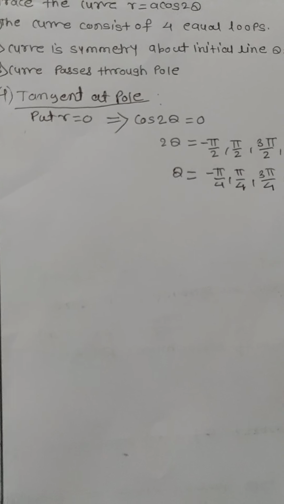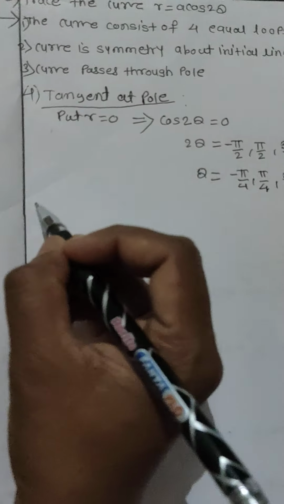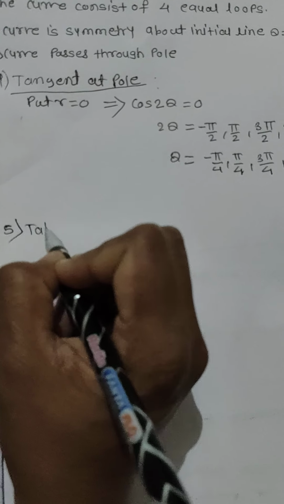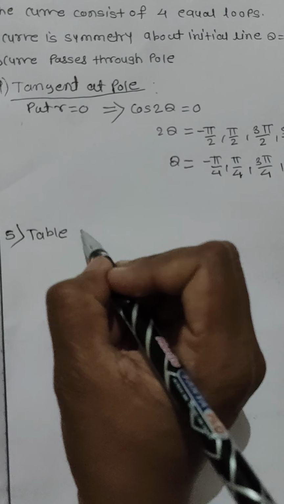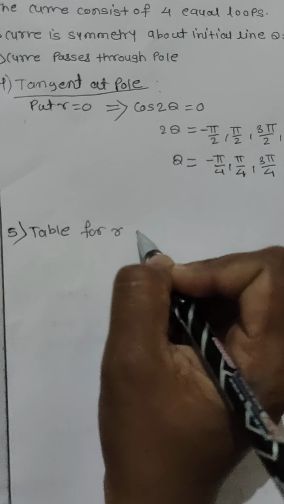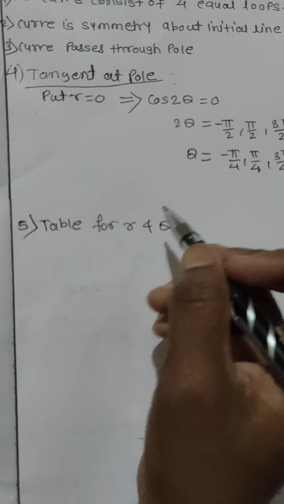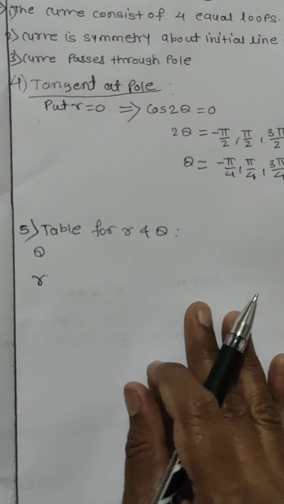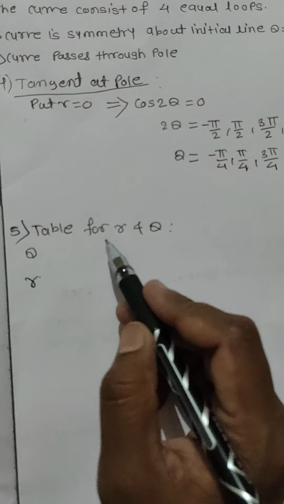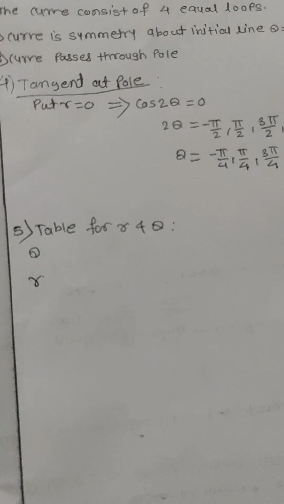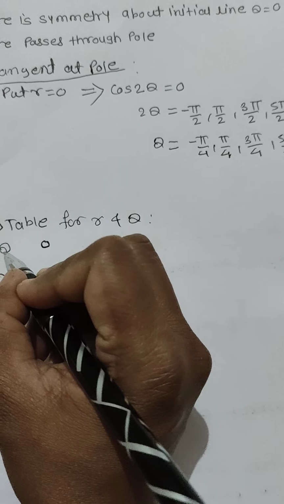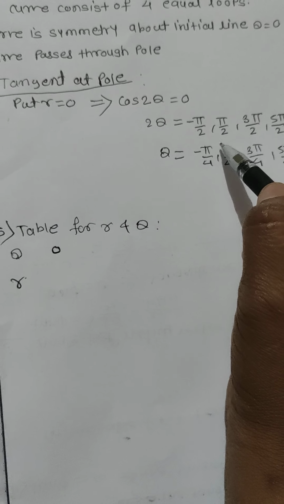After that, the next rule is we have to prepare the table for r and θ. So how to write the values of θ and values of r? Our curve lies within a circle, that means 0 to 2π. So the first point of θ is 0 and the last point is 2π. But what is the tangent at the pole?